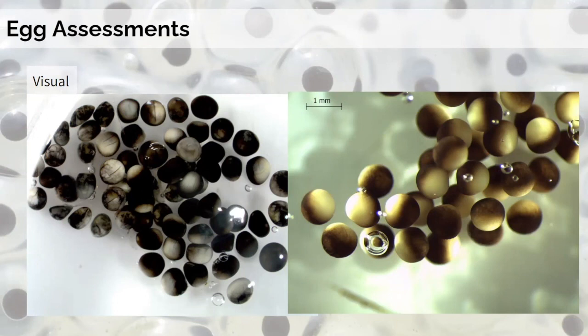So comparing these two egg images is not going to be very helpful because the color is going to be different. But if you knew what you were supposed to look for in your species in general, just to make sure that the eggs you're looking at are viable and look good, then that's going to be really important to know. Next.